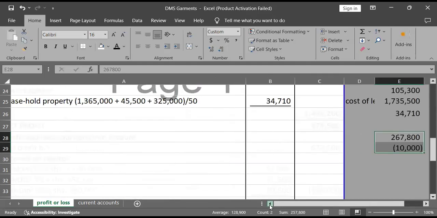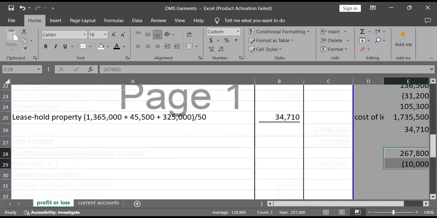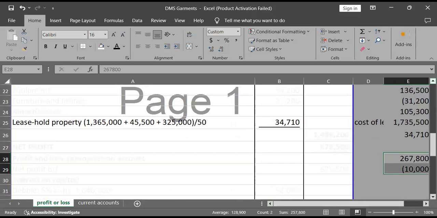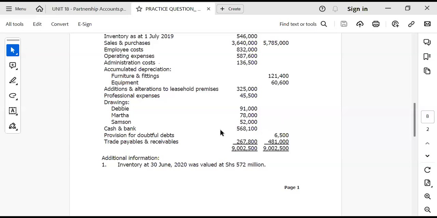What else happened with our bad debts? I believe that was it. We already had our provision, but now they've told us that we should provide for 5%.